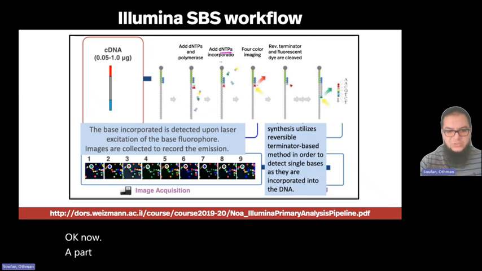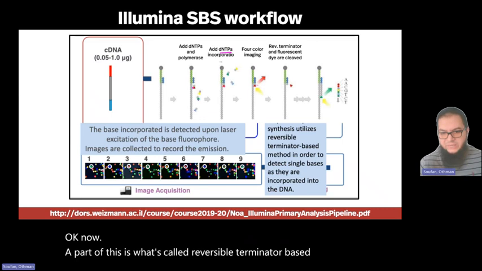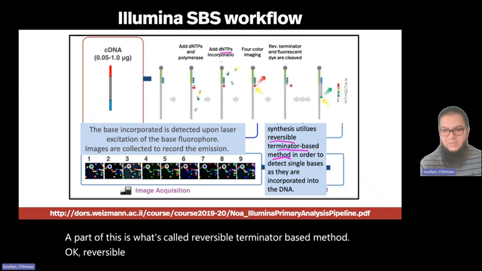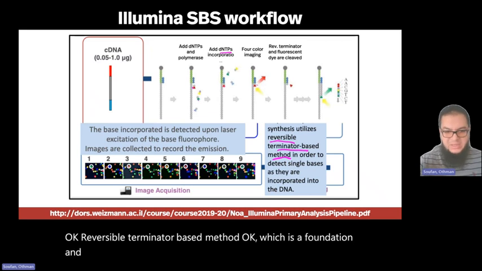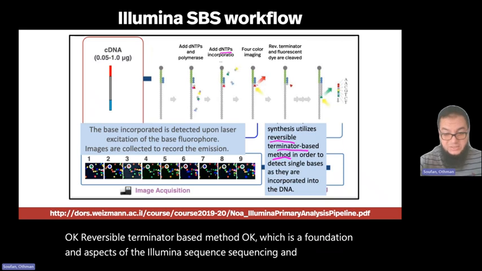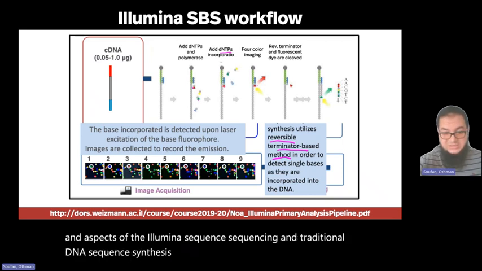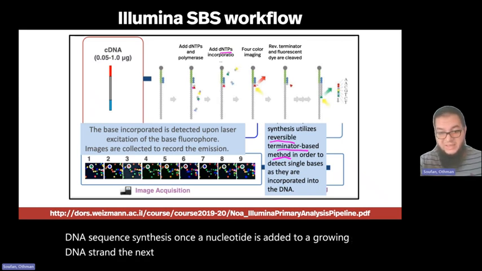Okay, now part of this is what's called the reversible terminator based method. Okay, reversible terminator based method, which is a foundation and aspect of the Illumina sequencing. In traditional DNA synthesis, once a nucleotide is added to a growing DNA strand, the next nucleotide can immediately be added.